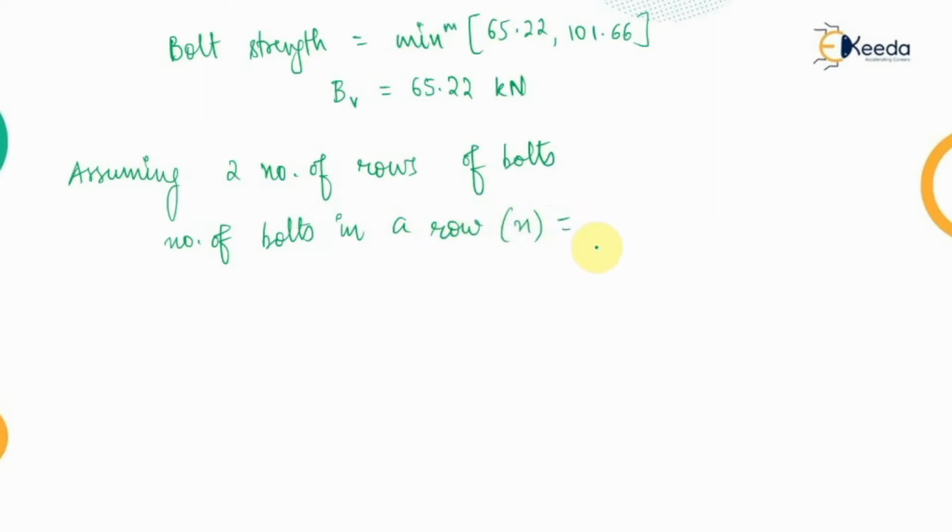So the number of bolts in a row is to be kept in mind. That is given by 6m divided by n dash, that is the number of rows, into the pitch distance into the bolt value, that is given by VSD.